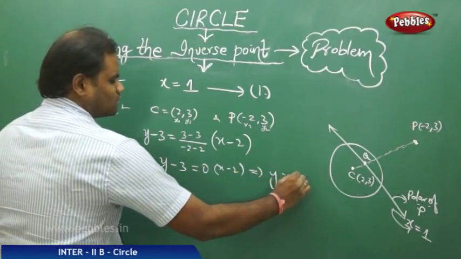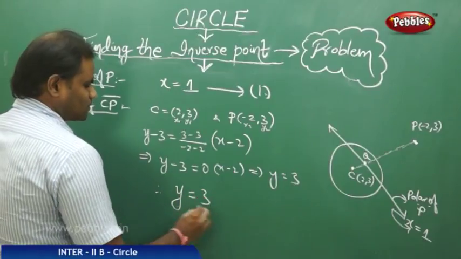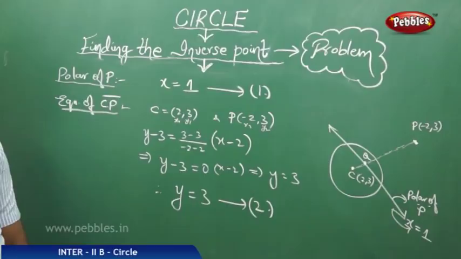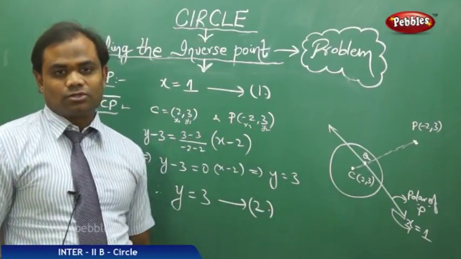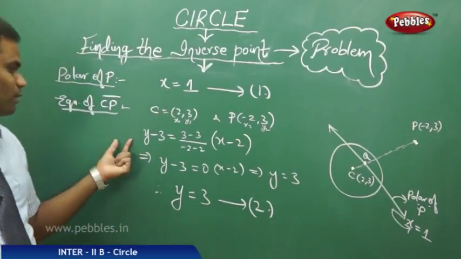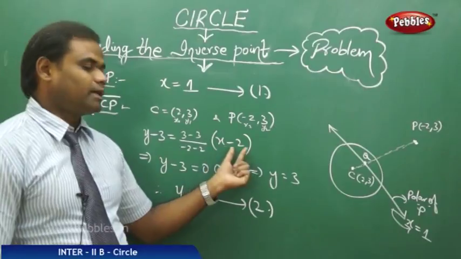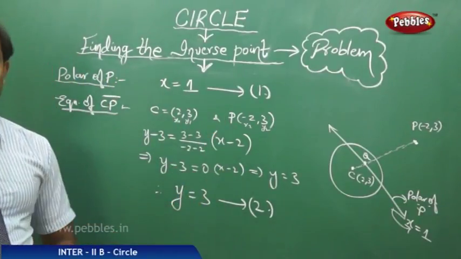That implies y equal to 3. Therefore, y equal to 3 is equation 2, which I obtained from finding the equation of line CP using the two-point form. Substituting each of them, I get this.